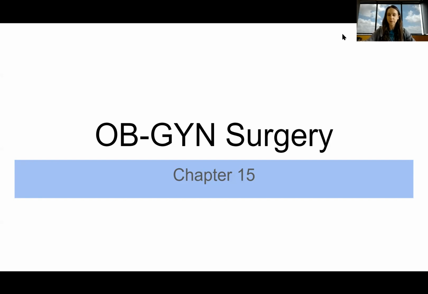So I will make sure to point out the differences of where these cases will be done for you. But hopefully you already know vaginal births will be done in labor and delivery. So I will point those things out for you, but I want to focus more on the surgery aspect of it. Let's go ahead and look at instrumentation, equipment, and supplies.